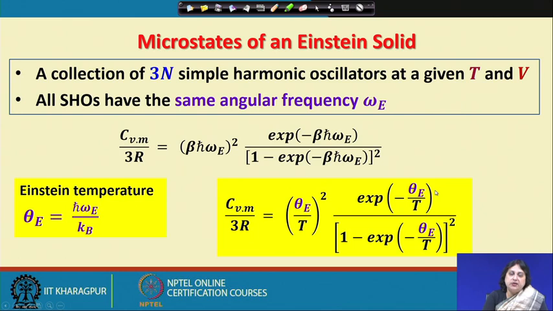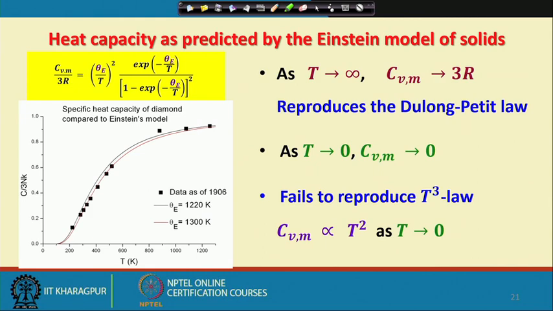So, for given values, if you can measure the values of the Einstein temperature, then you should be able to find out how CV varies with respect to temperature. That is exactly what one does next.